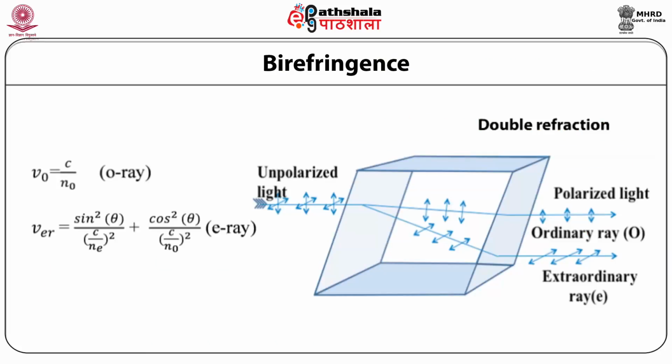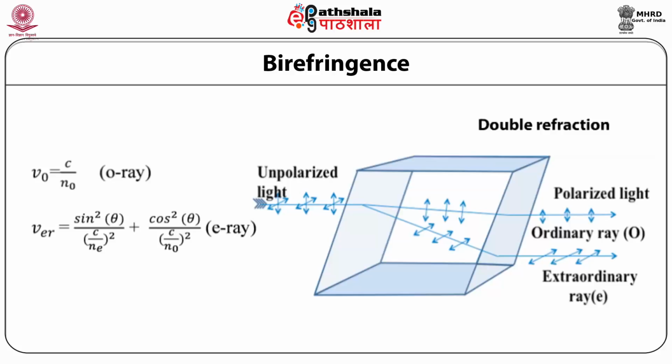Double refraction: when an unpolarized light beam is incident on a calcite crystal, it usually splits up into two linearly polarized beams. The beam which travels undeviated is known as the ordinary ray or O ray and obeys Snell's laws of refraction. The second one doesn't obey Snell's law, is known as the extraordinary ray and is abbreviated as E ray.